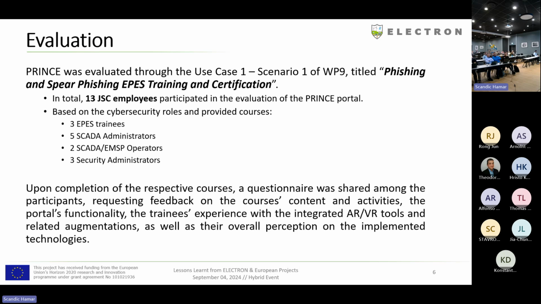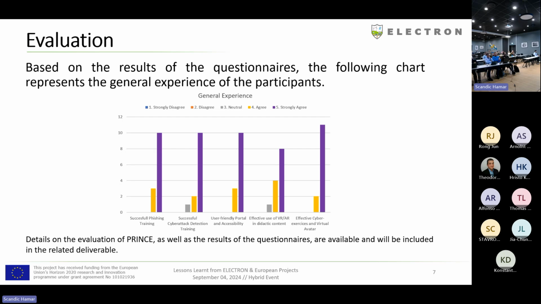Upon completion of the courses, a questionnaire was shared among the participants in order to collect feedback on their interaction with the Prince portal, the utilization of the AR and VR educational tools, as well as the general perception of the technologies that are implemented within the platform. Here you can see a chart about the general experience of the participants.